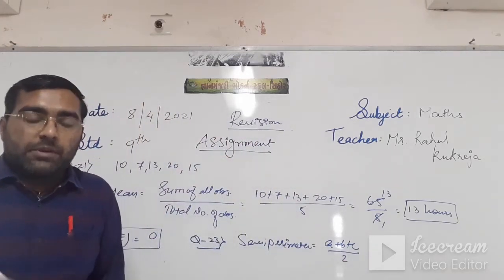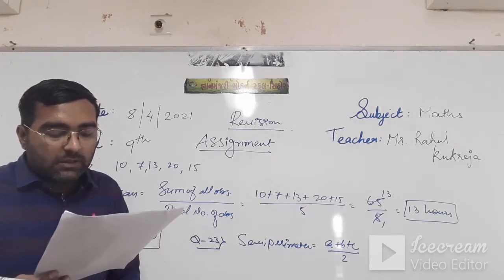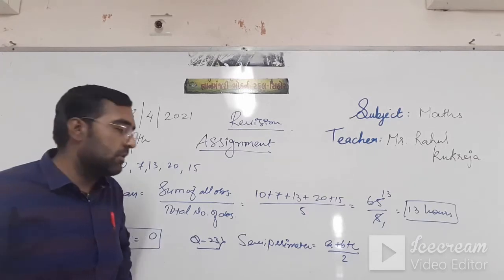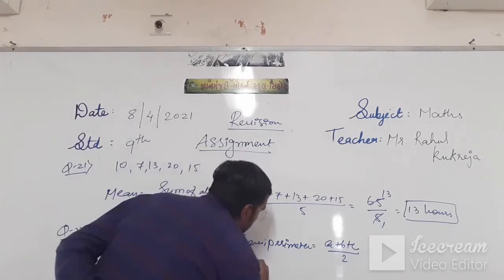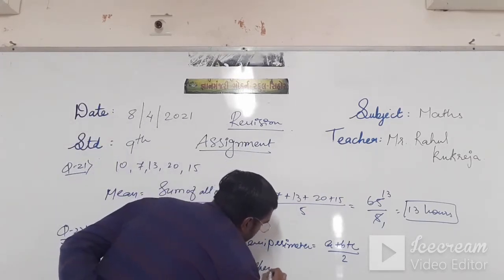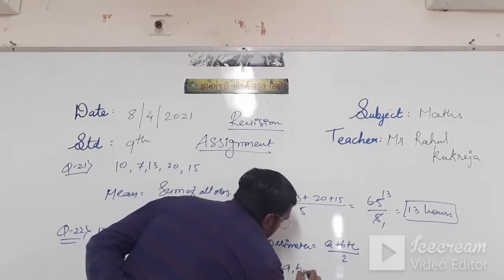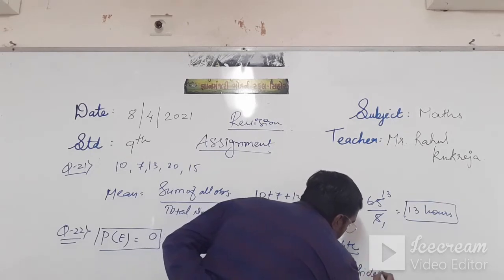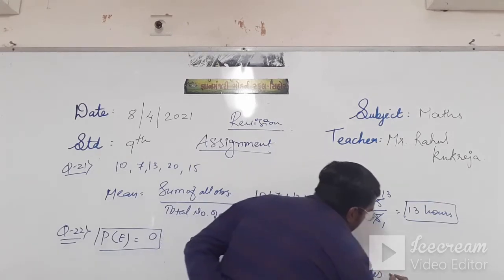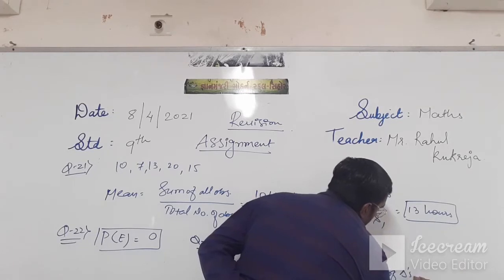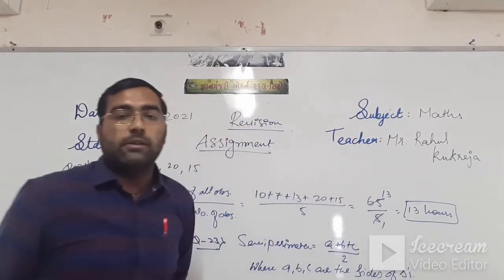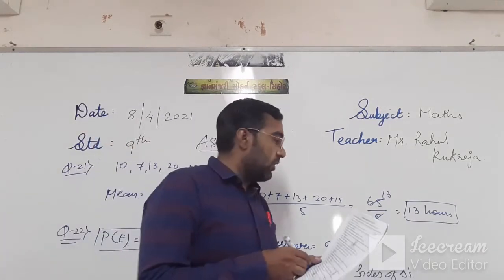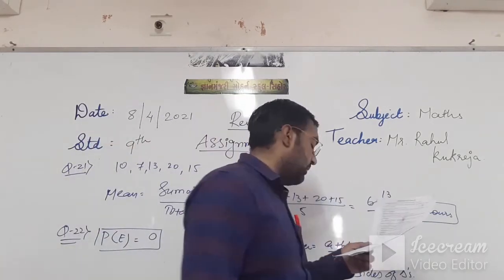That is the formula of semi perimeter, where a, b, c are the sides of the triangle. Clear? So note down all this. Then we are moving on to question number 24.